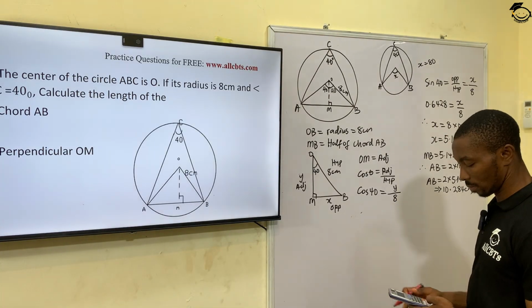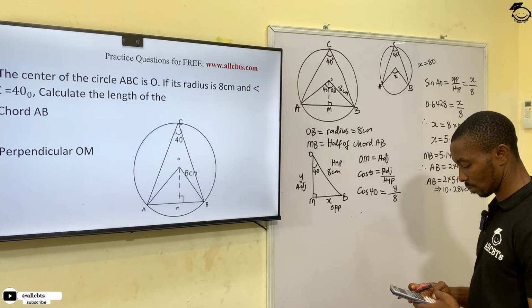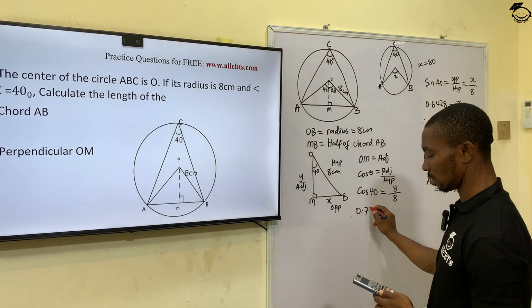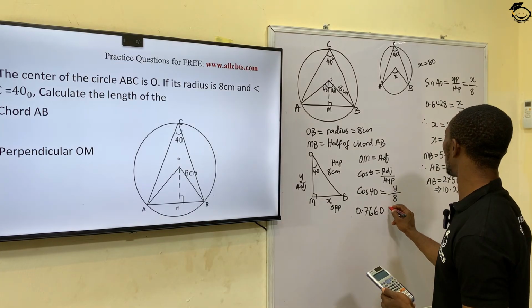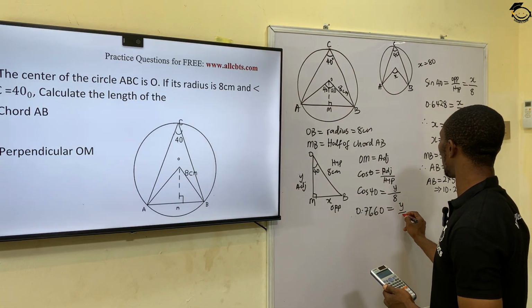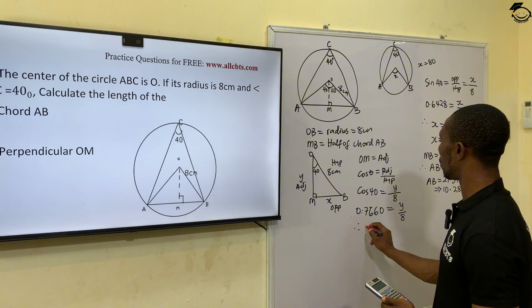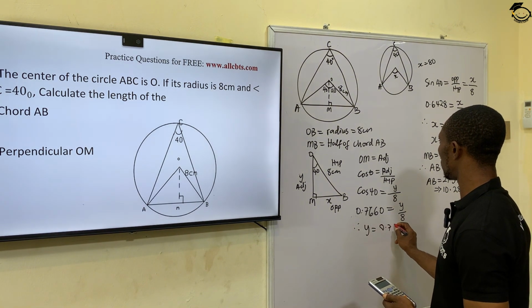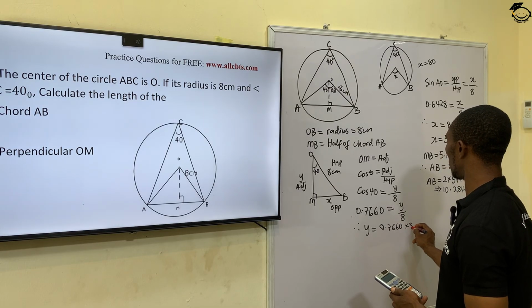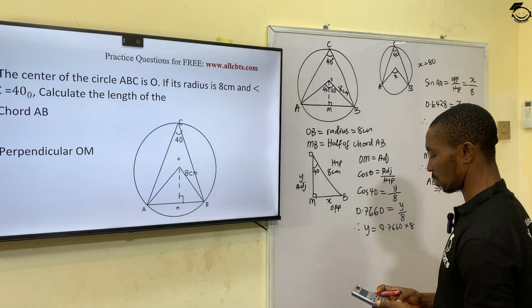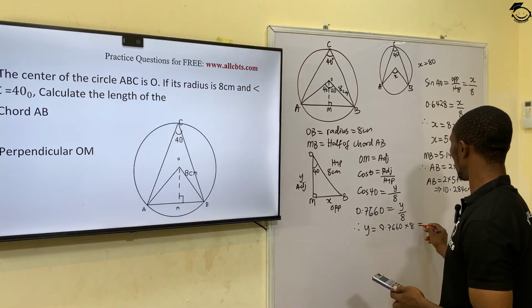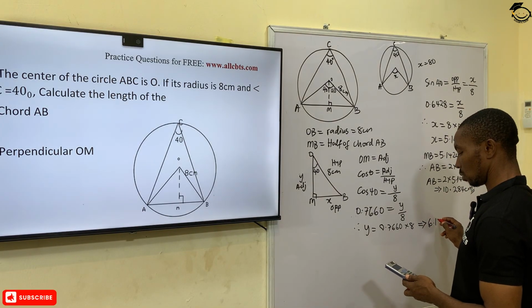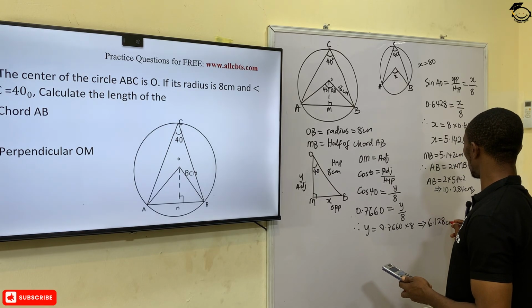will give us 0.7660 equals y over 8. So therefore, our y equals 0.7660 times 8, which would be 6.128 centimeters.